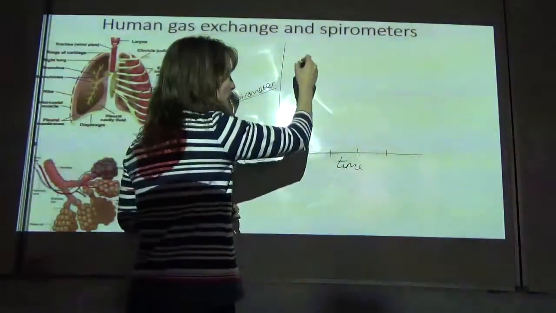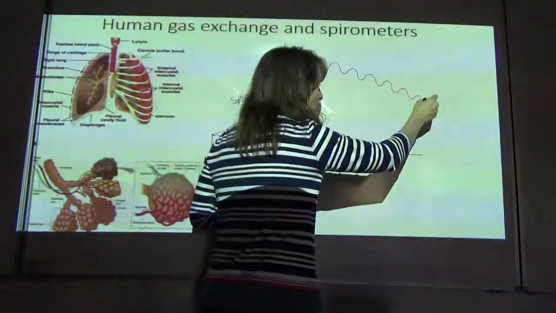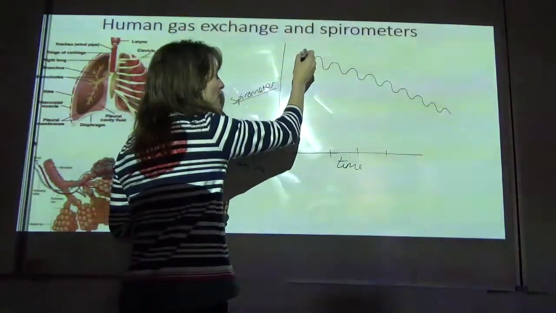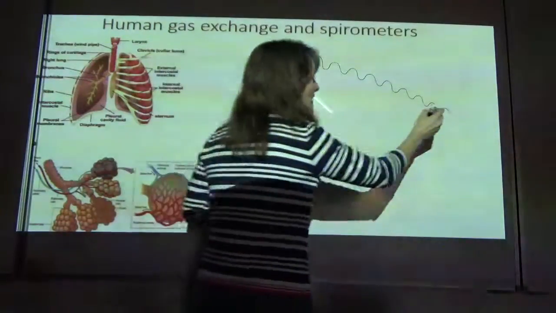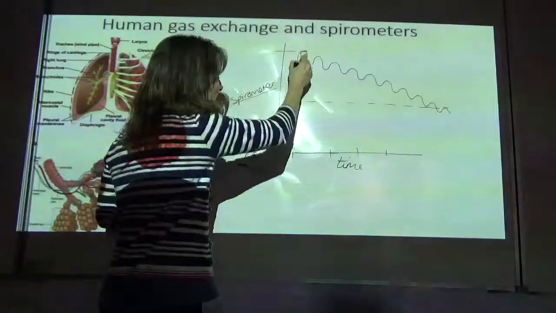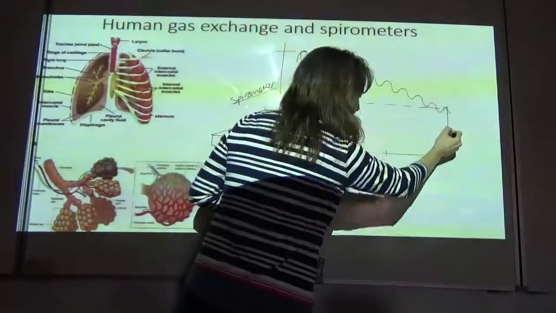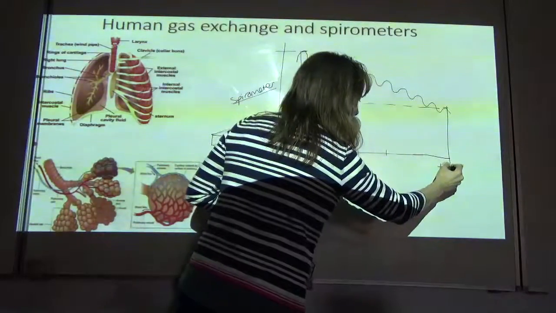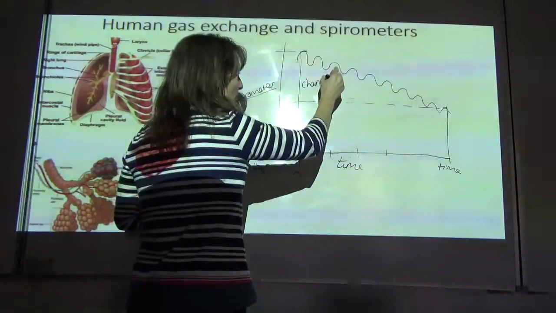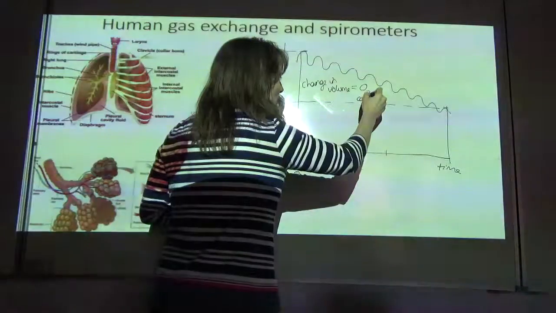And what that will do to the trace is you might start somewhere up here, but over time, the trace will come down. And so what you can do from that is, if you know what it's starting at, you work out the volume here, you work out the volume there, you work out the time that it took, from that point there to this point here. So you work out your time, you work out the change in volume, and that change in volume equals the oxygen consumed.